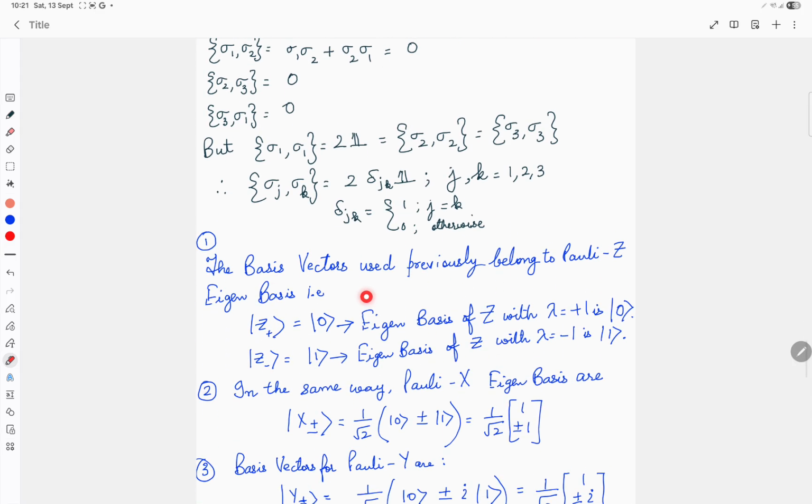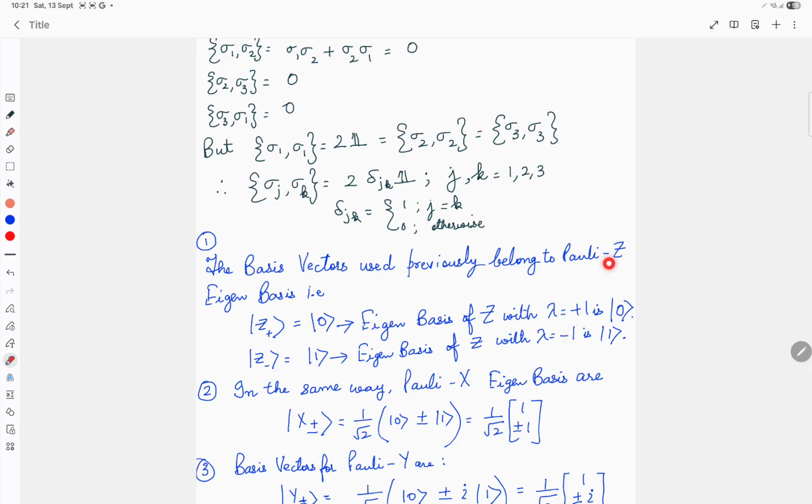Now we have to see what the basis vectors are for the three Pauli matrices. We can use them as the basis vectors. If we are using the Pauli Z matrix, previously we have used the basis vectors ket 0 and ket 1.